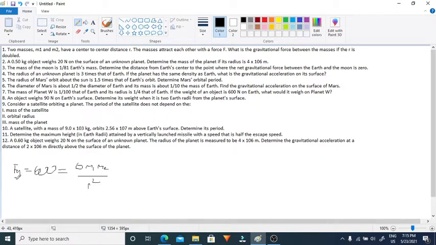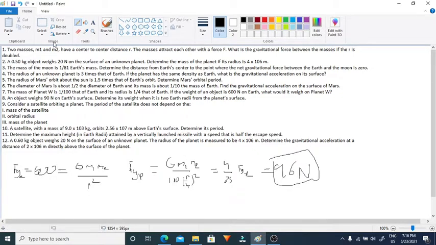Force of gravity on planet W is going to be G m1 times M_E over 100, that's given to us, over r over 4 squared. Once we simplify this, I believe we get 4/25 times the force due to gravity on Earth. So when we do 4/25 times 600, we end up with 96 newtons. That's our final answer.